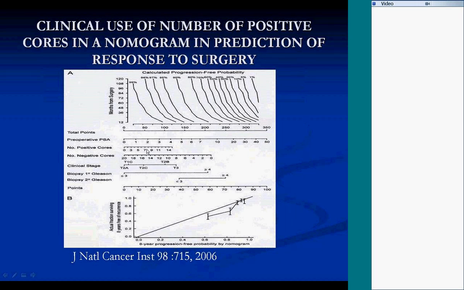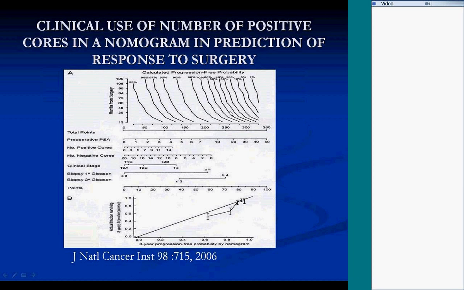So, for example, if the patient has, that's a lot of cores positive, 7 cores positive, you drop down and that gives you 15 points. Well, so you get points for each one of these parameters and sum those to give total points. And once you have your total points, you can then move up, for example, if there were 200 total points, up the curve and find out over time, after surgery, what the chance is. 70% chance, for example, out at 96 months after surgery, 70% chance that the patient would be progression-free.